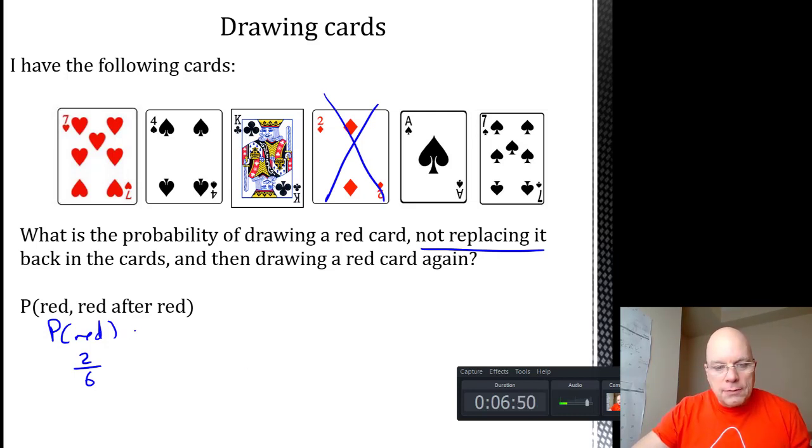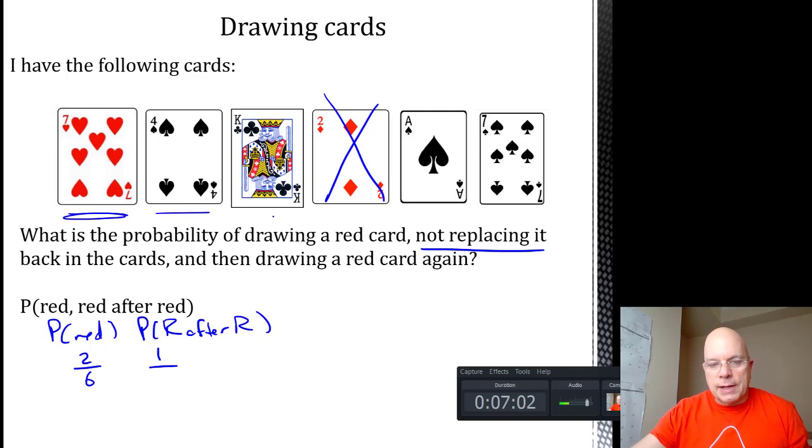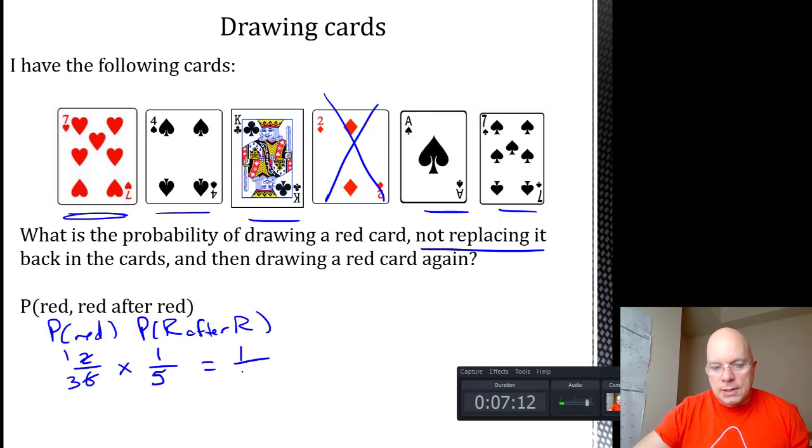The probability of red after the first red card has been drawn and not replaced would be, now there's only 1 red card, 1 favorable outcome, and fewer possible outcomes because there's 1 fewer card, so 1/5 probability. And this is still a third, but when you multiply those, it's even less likely than the previous sequence of events because it's 1/15 probability.